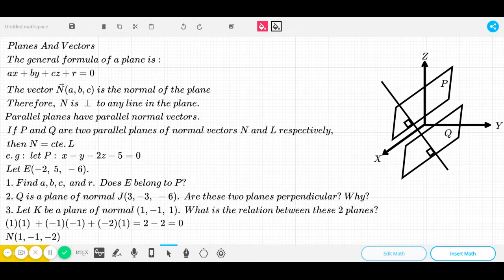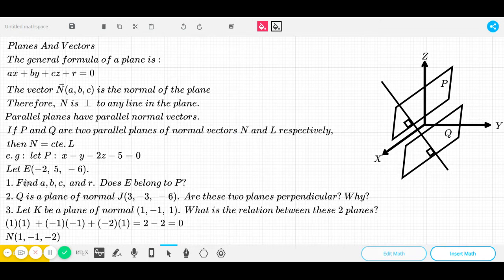It goes the other way around. Two parallel planes have the same normal vector or parallel normal vectors. Therefore, vector n is equal to a constant times vector L. That means that vector n is either parallel to vector L or is the same vector L.